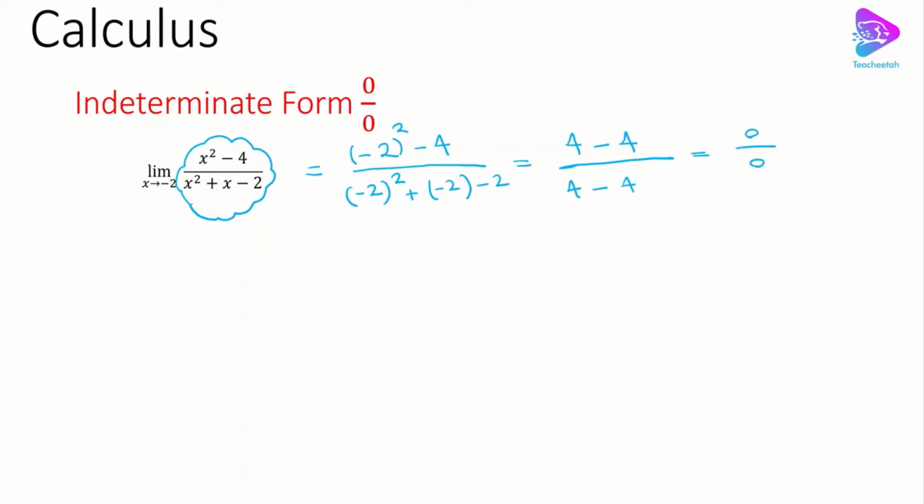As I said, we are not going to solve the limit fully here. We want to show what the indeterminate forms are. So here we have 0 over 0 for a fractional function, and we have some techniques to solve them. In future lectures we will see how we can solve them.